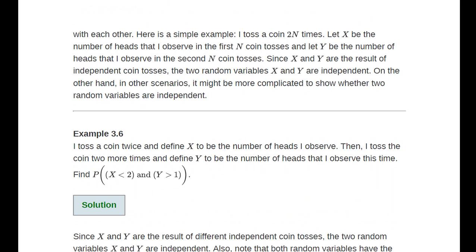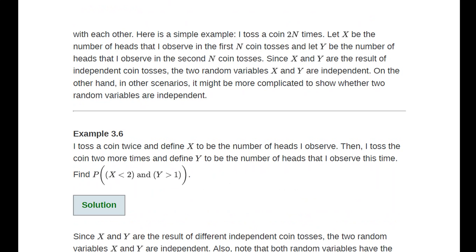If you toss a coin 2n times, let X be the number of heads that you observe in the first n coin tosses and let Y be the number of heads that you observe in the second n coin tosses. Since X and Y are the result of independent coin tosses, the two random variables X and Y are independent.